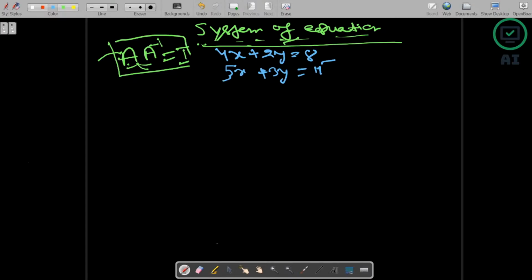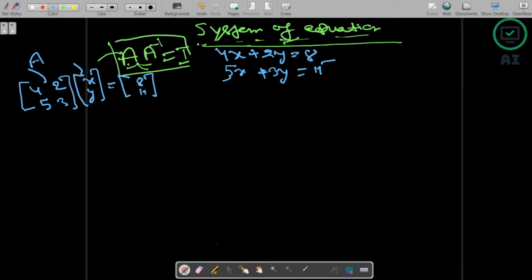Can we write this as 4, 2, 5, 3, and then x, y equals 8, 11? We say this is the matrix A, this is X, and this is B. A is the coefficient matrix, the coefficients of the unknown variables. This is the unknown, we need to find x and y which will satisfy this equation.